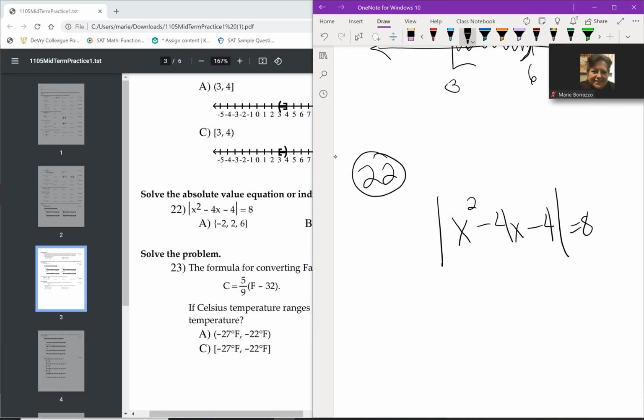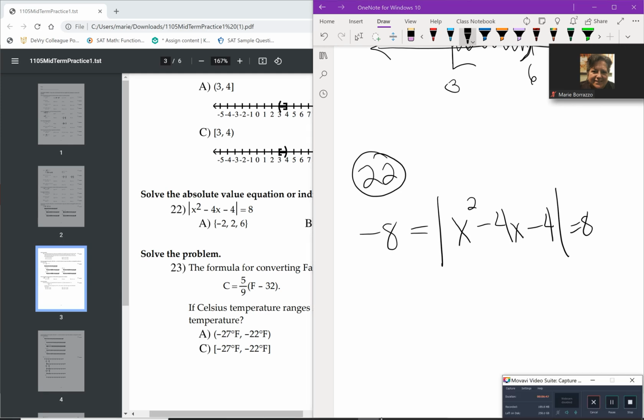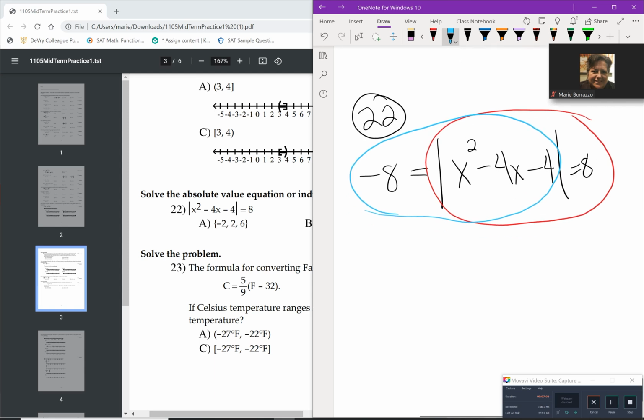And so, since I already have my absolute value isolated, as I always use the phrase, we're going to look at this as a set of two cases. In one case, I'm going to look at this from this angle. In the second case, I'm going to look at this equation this way. So I'm going to do both side by side.